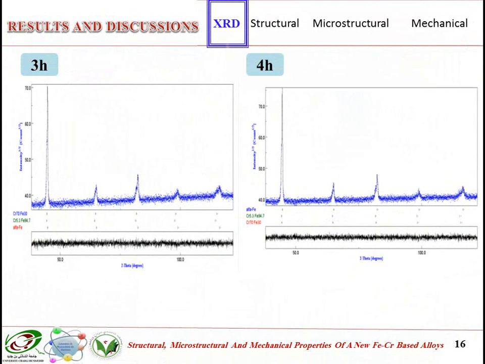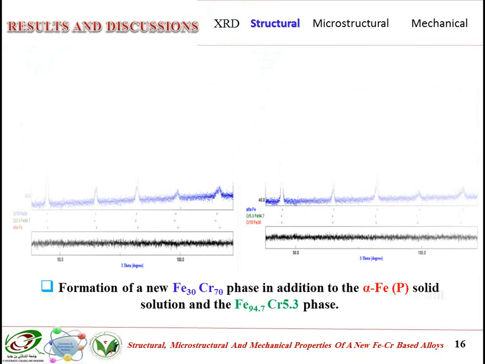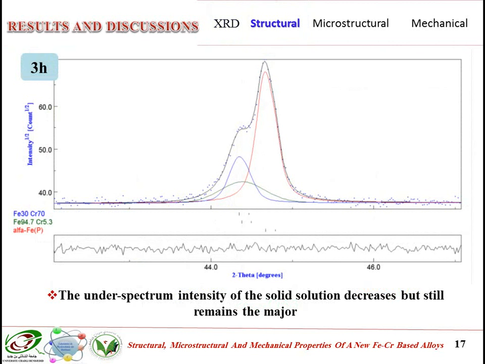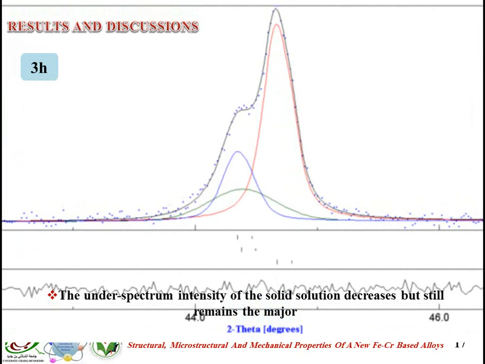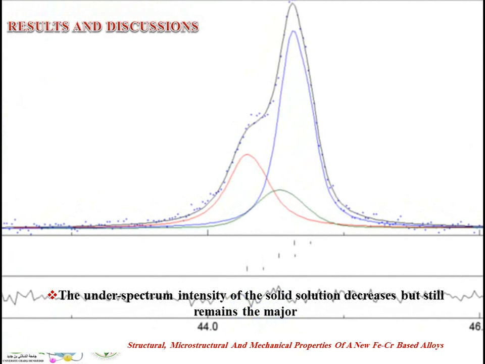After 3 hours and 4 hours of milling, we see formation of a new iron 30 chromium 70 phase in addition to the alpha iron P solid solution and the iron 94.7 chromium 5.3 phase. The intensity of the solid solution subspectrum decreases but still remains the highest one.